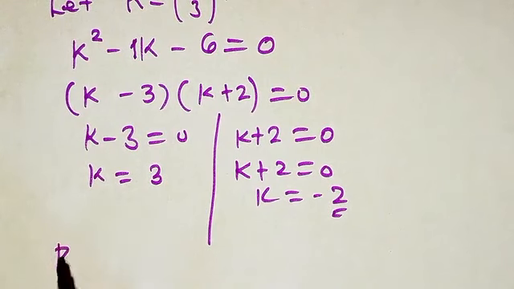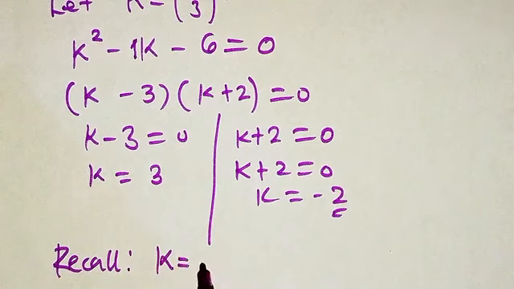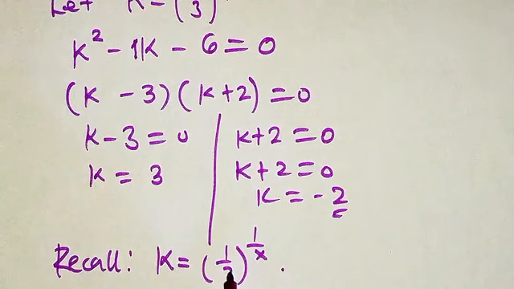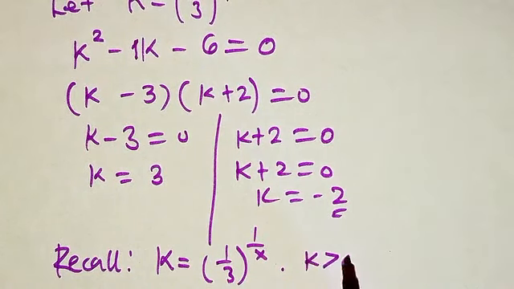Let's recall that k equals 1 over 3 to power 1 over x. Because k is equal to 1 over 3 to power 1 over x, k must always be greater than or equal to 0.